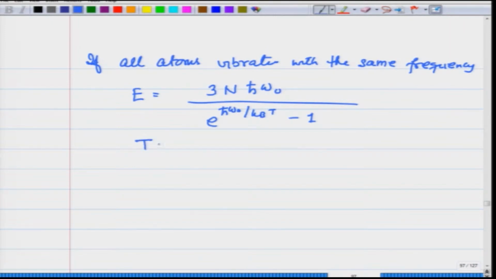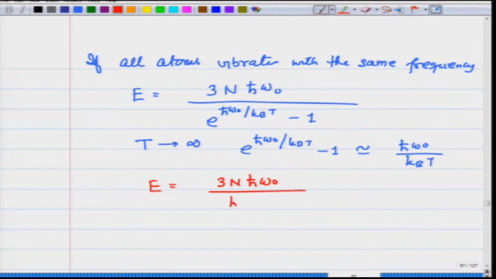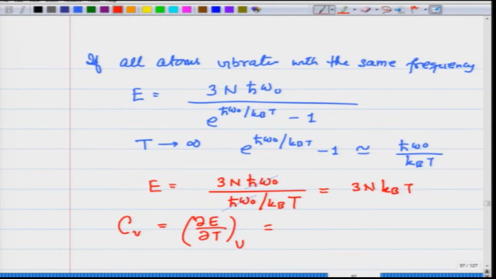So, if I take T going to infinity, very large, then e raised to h cross omega 0 over k b T minus 1 is approximately equal to h cross omega 0 over k b T, and therefore, total energy E is going to be 3n h cross omega 0 over h cross omega 0 over k b T, and this term cancels and I get total energy to be 3n k b T, and therefore, C V, which is dE/dT at constant volume, because then the frequency would remain the same, is 3n k b, which is 3 R per unit mole, which is the Dulong-Petit law.